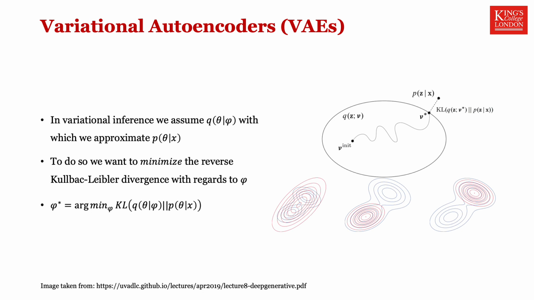If this distribution exists, what we would like to do to make sure that the distributions match and approximate well is to minimize the Kullback-Leibler divergence, also known as the KL divergence, with regards to these parameters of phi. So we want to minimize over the parameters phi in this equation, so that the KL divergence between this hypothetical distribution and the true distribution is as small as possible.